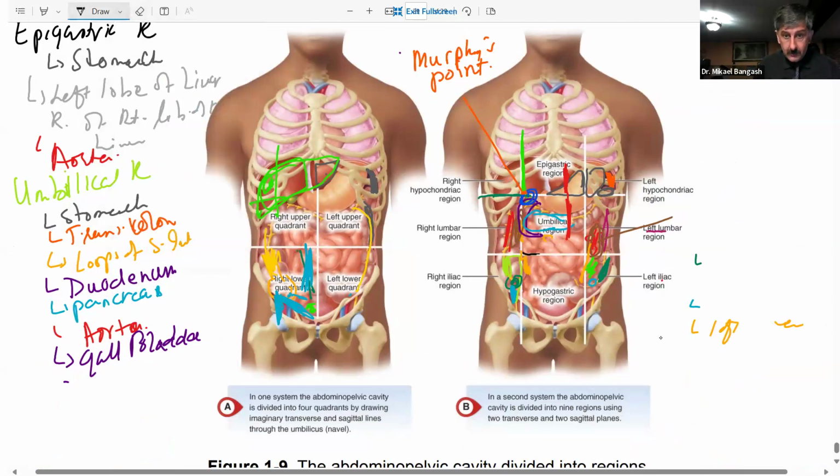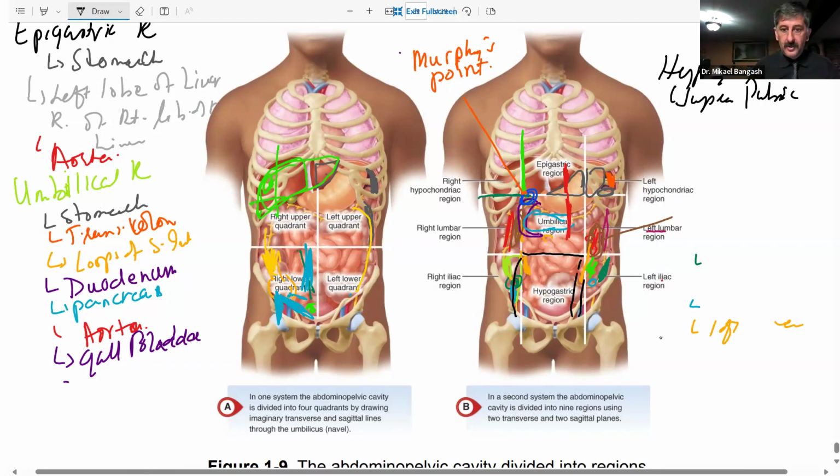Last region. Hypogastric region, or as I will also say, suprapubic region.